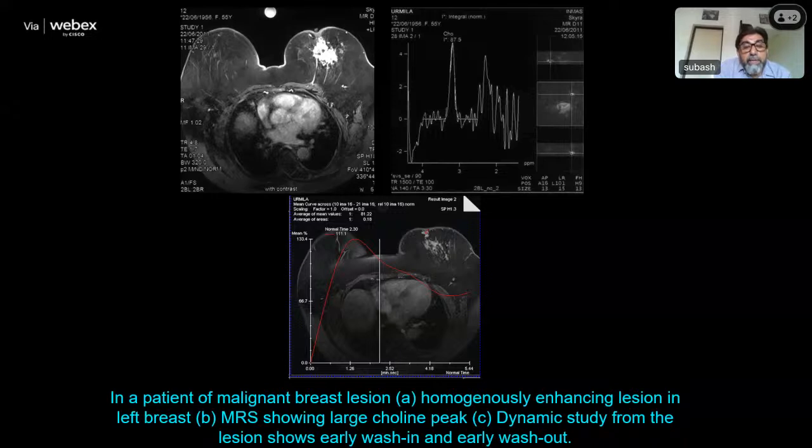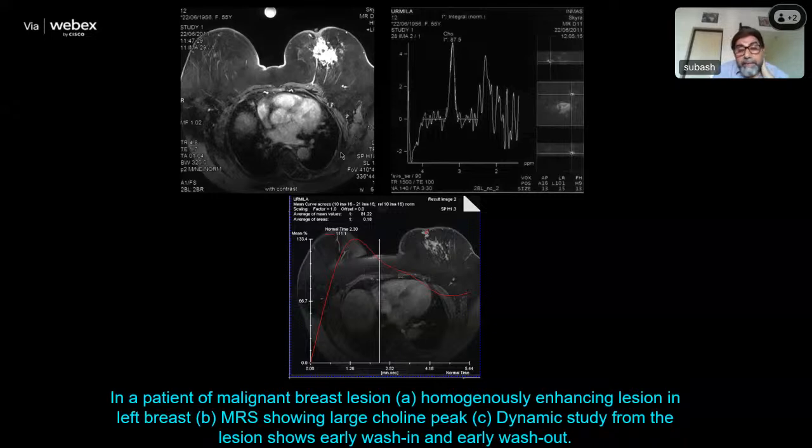So in this region there's an early wash-in, meaning the peak is much before this time point, and then it is washed out before this time point itself. Early wash-in and early washout is a typical characteristic of a malignant tumor.